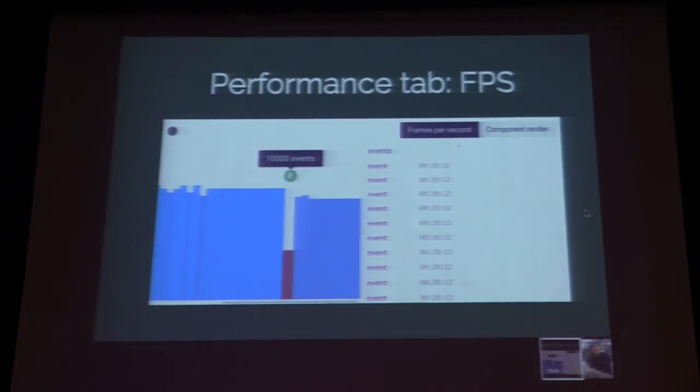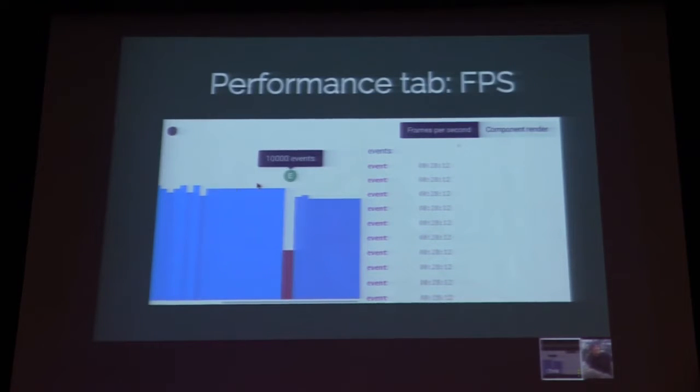Now the performance tab. So if you're dealing with a tricky performance issue in Vue, then you may want to run a benchmark to see how your application is running and see where you're maybe getting some hiccups in performance and why they're happening. So here you get a little bar.